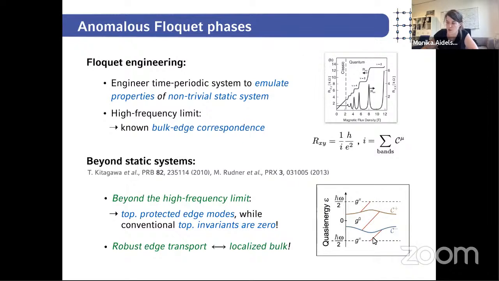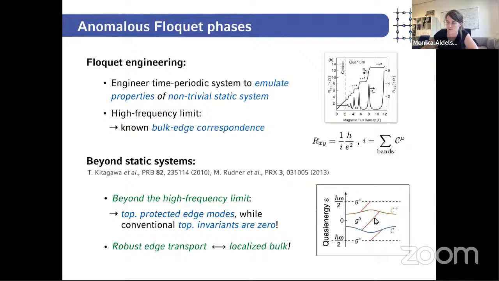which means that there can be an edge mode entering the spectrum, or the Floquet zone spectrum, from below. And the reason why this can happen is because there's no true notion of a lowest energy band. Usually in a static system, this cannot be the case, because this edge mode cannot just end somewhere. But here it can wrap around the quasi-energy Brillouin zone.